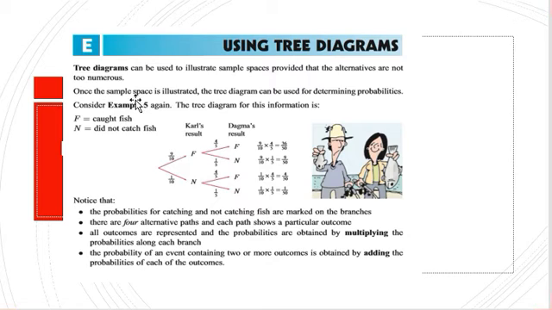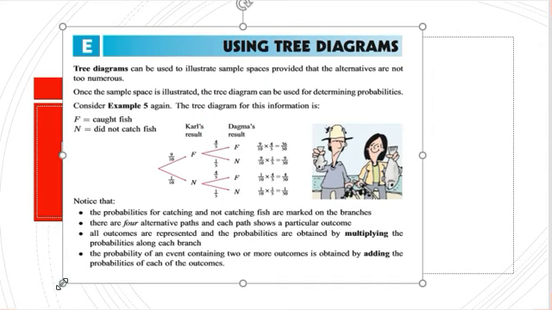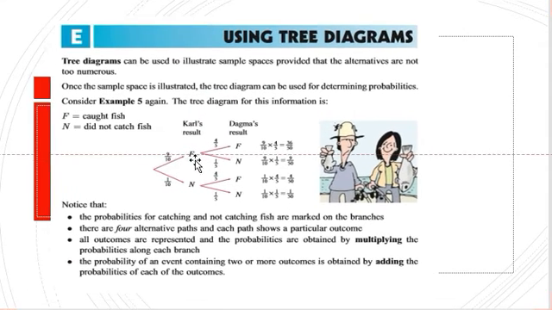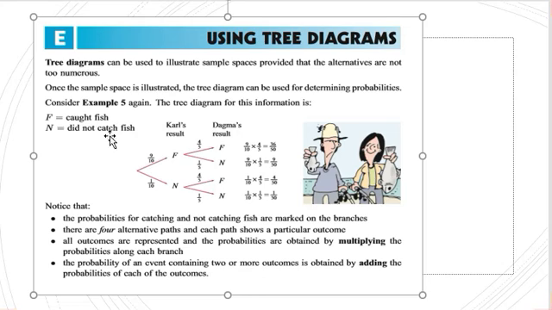Let's go here. We have an example. The tree diagram can be used for determining probabilities. Consider example 5 again, the tree diagram for this information. F means able to catch a fish, and N means not able to catch a fish. This is the data given.